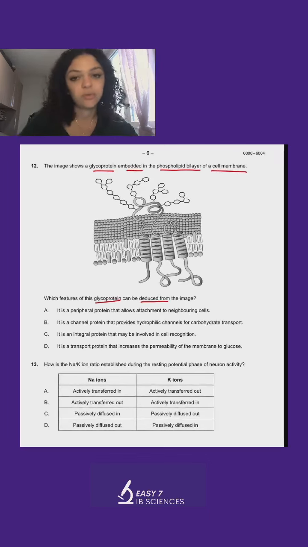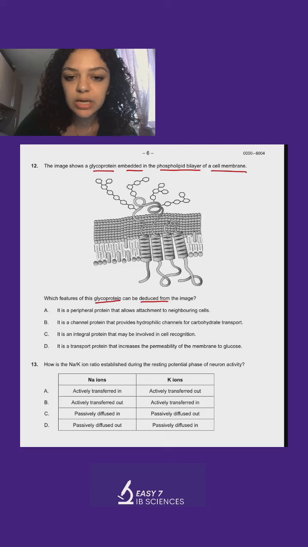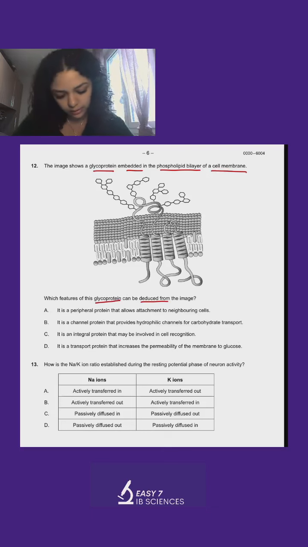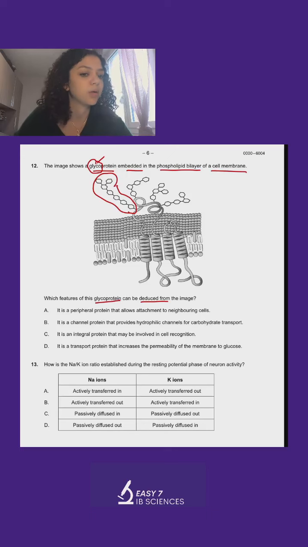You do need to know the functions of glycoproteins, and you need to know about the different variations of glycoproteins. So a glycoprotein is a protein with glyco, so think of carbohydrates, a carbohydrate chain attached to it, and that's what a glycoprotein is.